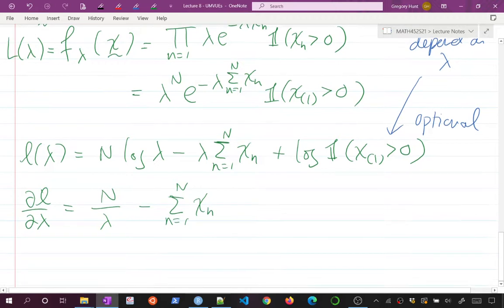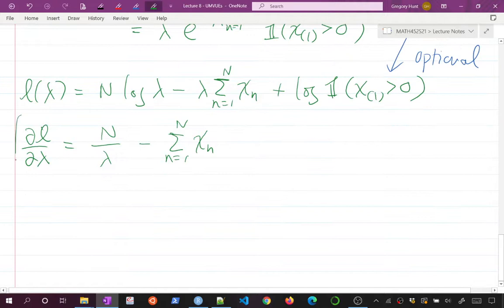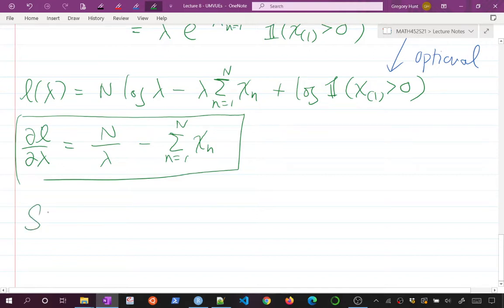So now I've used dl d lambda in this way. This is what we think of traditionally as the derivative of the log likelihood. I could say the score, S, is basically this above formula, n over lambda minus the sum, but instead of my little x's, I replace them with my capital X of n's.